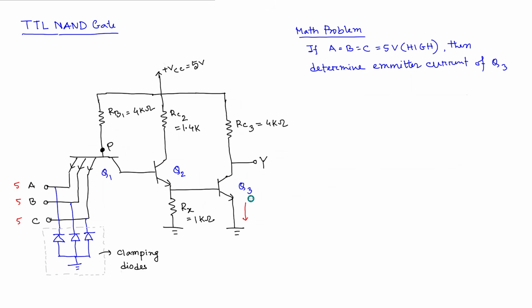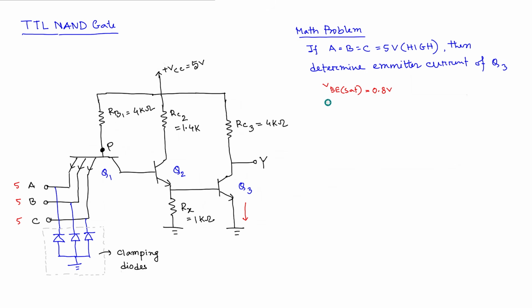We have to take some assumptions, like as we said. VBE sat will be equal to 0.8 volt. This is the assumption we are going to take, and in the exam as well these values will be mentioned.